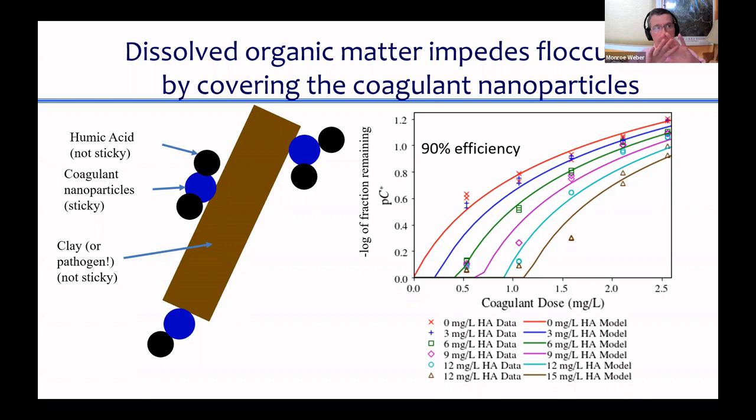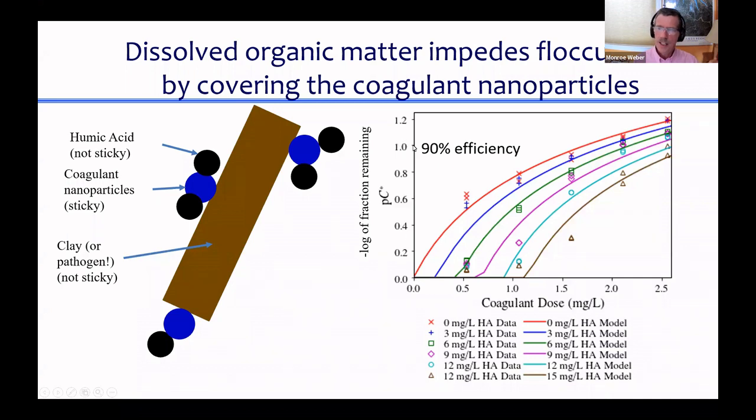So to completely contrast this, okay, now let's look at the brown curve. The brown curve here is this last one where there was a lot of humic acid. HA is humic acid. So there was lots of humic acid. And what you see is that when the Y axis is equal to 0, it means no removal.